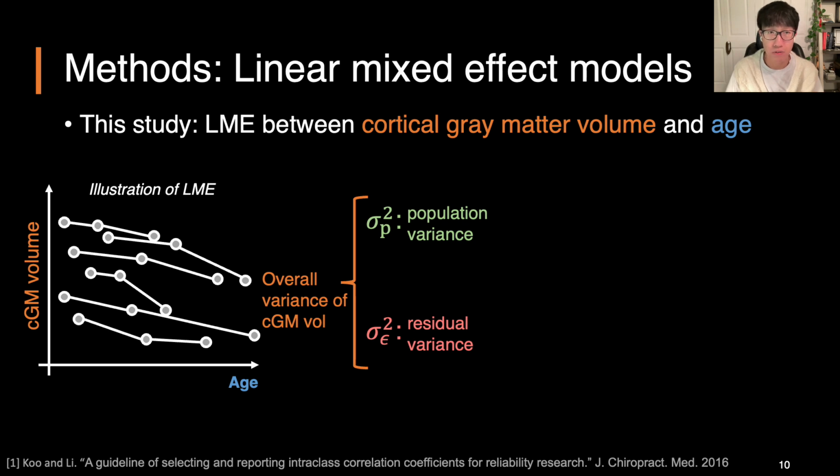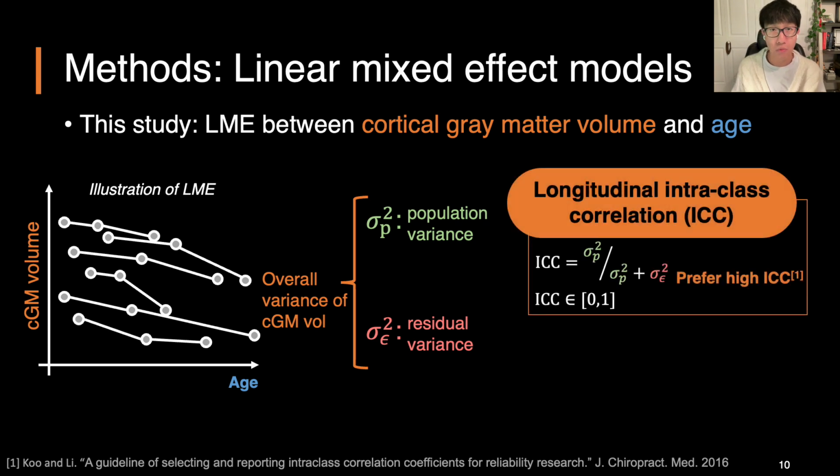So ideally, we prefer a lower residual variance for our statistical model. So how do we know how well our statistical model performs? How well can we study this statistical relationship? We use two measurements. Number one is called longitudinal intraclass correlation, or ICC.